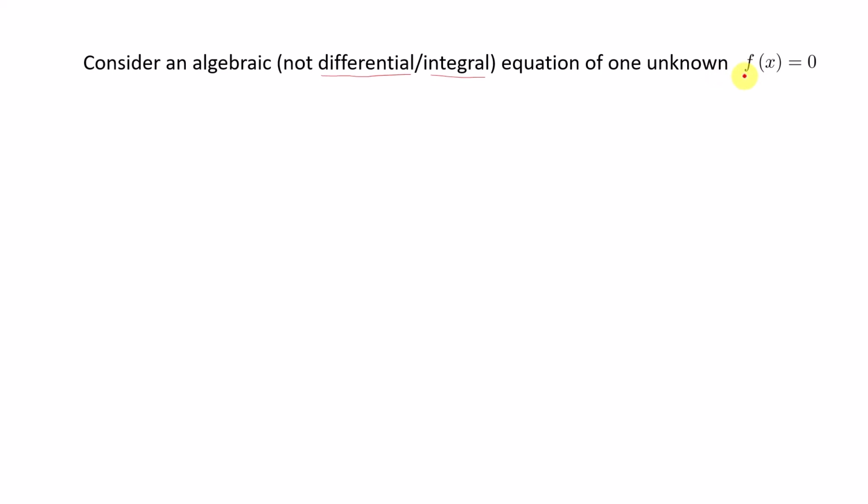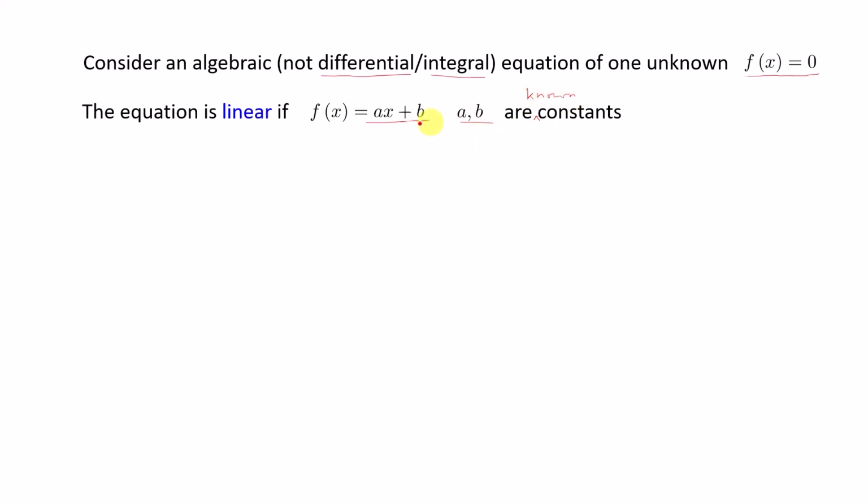And such equations in general can be written as f(x) equals 0, where x is the unknown. Such equations we call linear if they are of the type ax plus b, where a and b are known constants, so ax plus b equals 0.